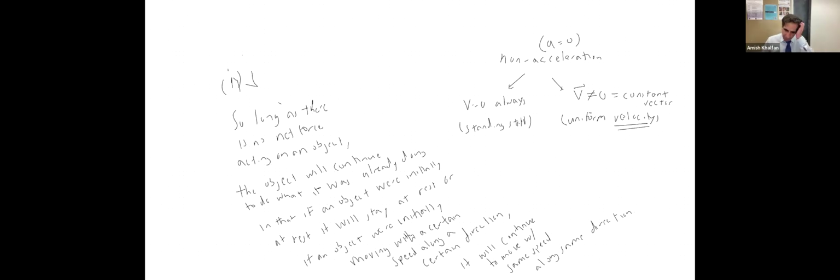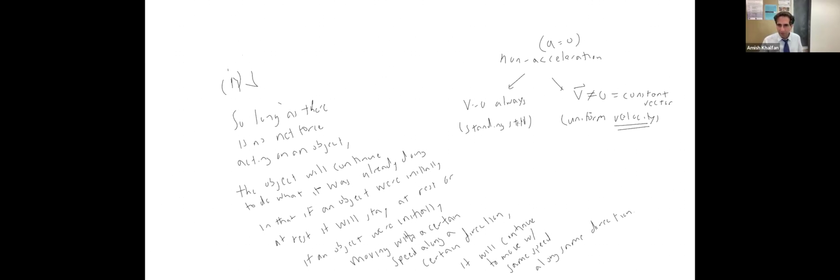So for example, if I have two boxes on the floor, neglect friction, okay, two identical boxes, but in one box I place a very heavy cat, okay? And in the other box I place a teeny tiny mouse, okay? So let's say the cat's name is Tom and the mouse's name is Jerry, right? And I apply the same force on each box, same magnitude, same strength, the same force.